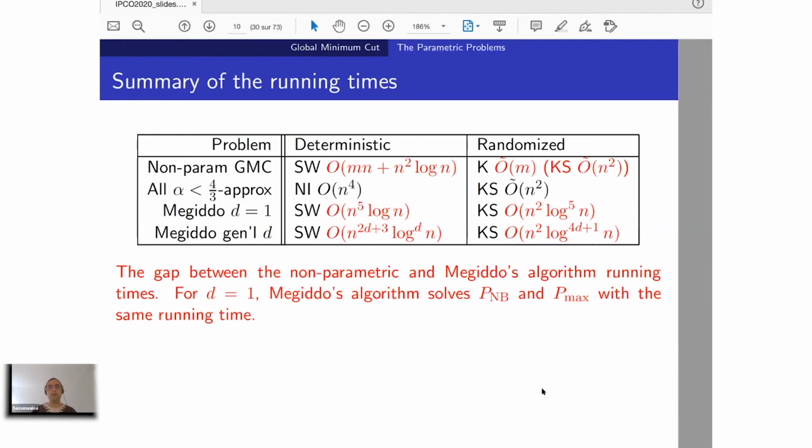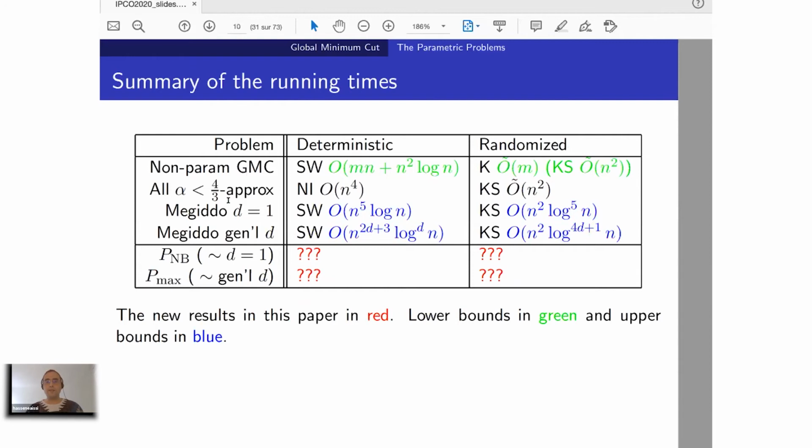Here is the summary of running times, where we compare the non-parametric running times and Megiddo's ones. Our hope is to improve Megiddo's algorithm and obtain algorithms with running time lying between the lower bound times given in green, which correspond to the non-parametric algorithms, and the blue ones, which correspond to Megiddo's framework.